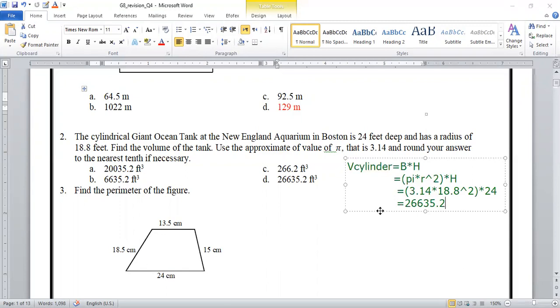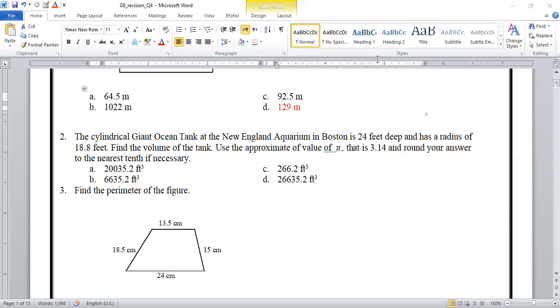The unit of the volume is cubic unit, feet cubed. From our answer, the true value is number D. So the answer is number D.